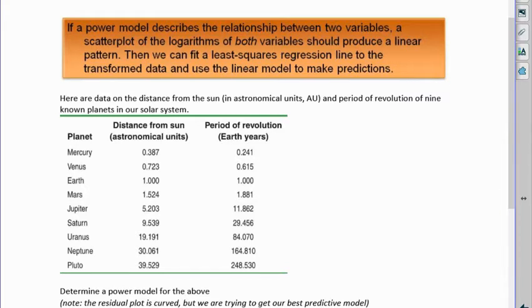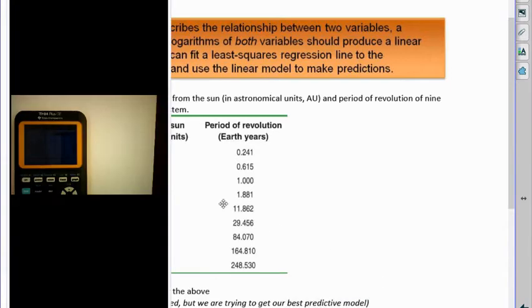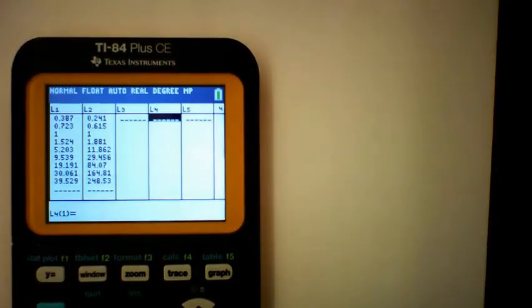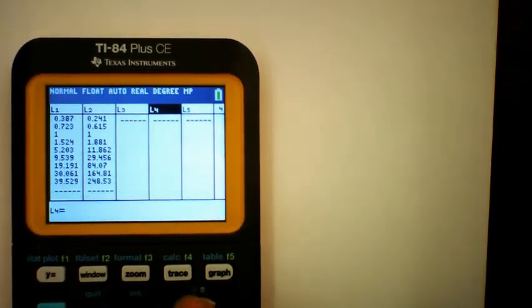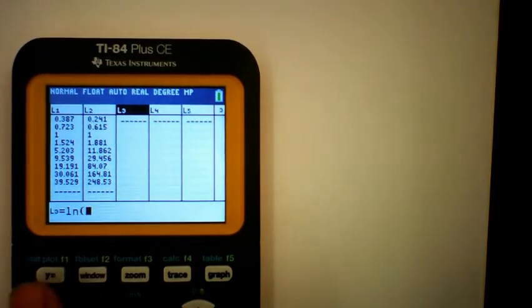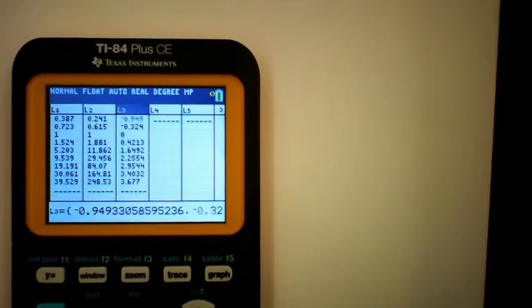So I would go into my calculator and turn it on, and I've got my lists. In L3, I'm going to use the natural log again of the L1 list, and the natural log on my L2 list.